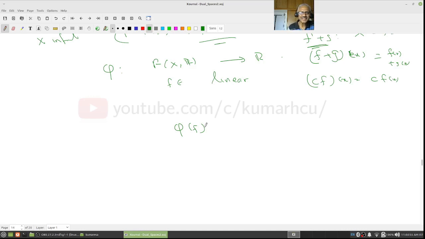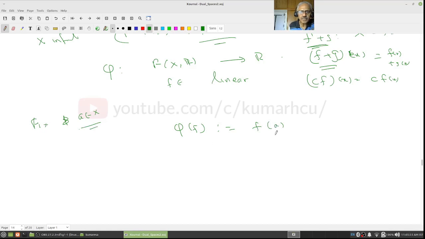See here also I said (f plus g)(x) must be a real number. How do I get it? I know f(x) is a real number, g(x) is a real number, therefore I added. So now what will I do? The idea is to fix a in X, or let's say x naught in X, then define phi of f to be f of a.